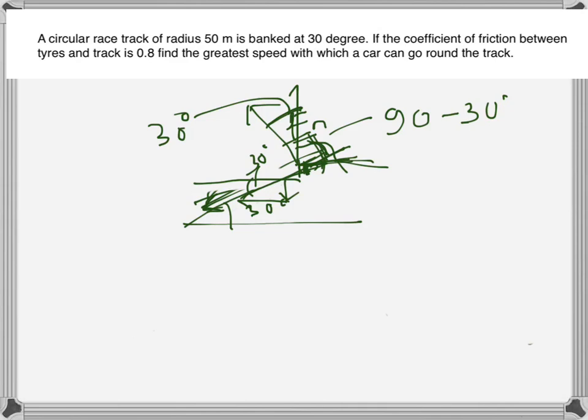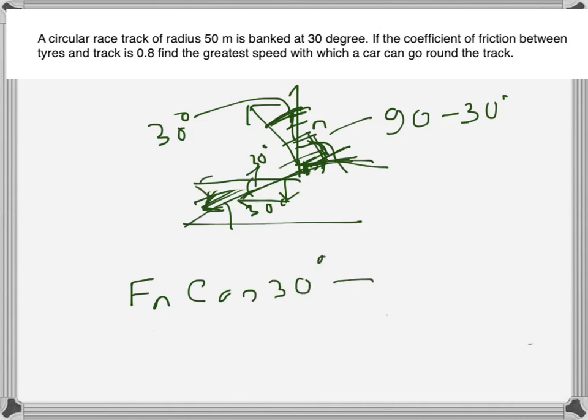So if we take the sum of the horizontal forces at play and the sum of the vertical forces at play, the horizontal forces will have to balance, and the vertical components will have to balance. First I will take the vertical components. So Fn makes 30 degrees with the vertical line, so Fn cos 30 degrees.